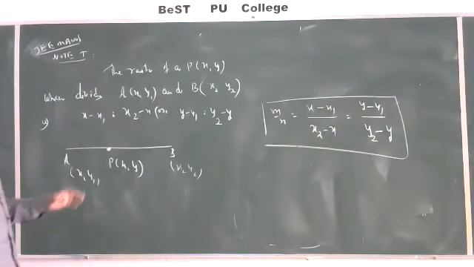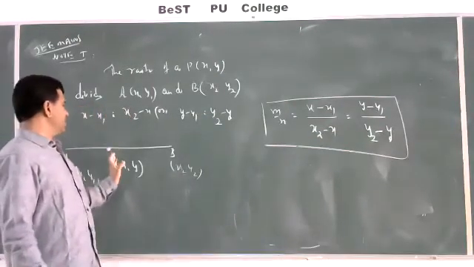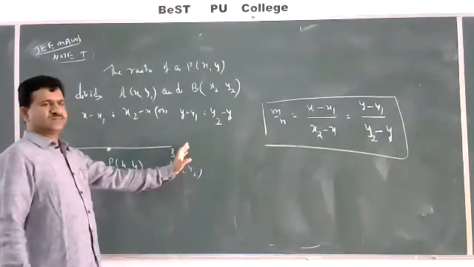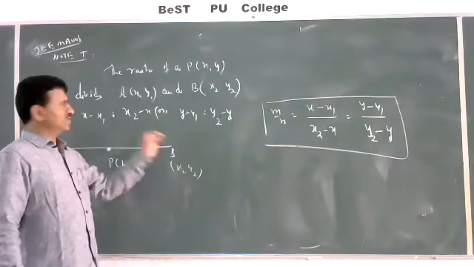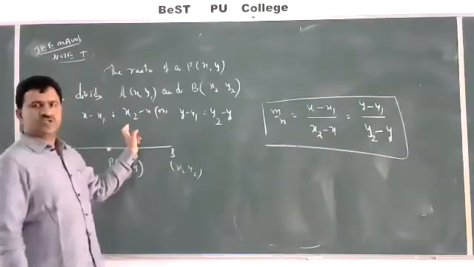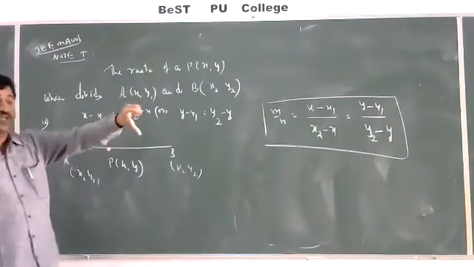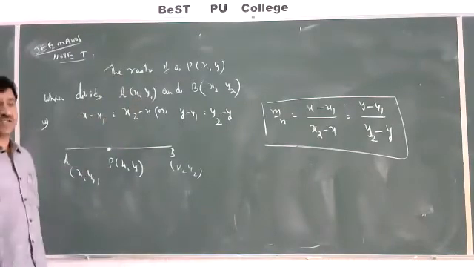Here listen to me everyone. If this ratio is positive, it is internal division. If the ratio is negative, it is external division. That's all. For example, if you got 2:3, that means P is an internal division point. If you got minus 2:3, it is an external division point.